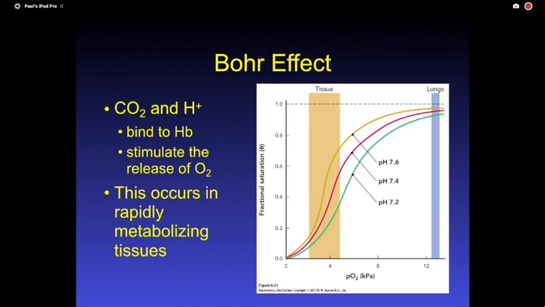Why would CO2 also signal that? When you break down glucose, what do you create? When you oxidize glucose completely, you create two byproducts. If I did this in general chemistry, I would say, for a hydrocarbon, if you add oxygen, what are the products?